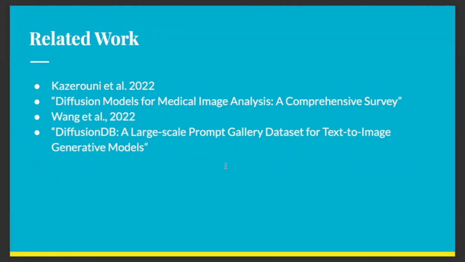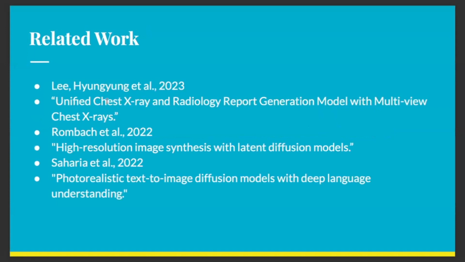And then there's some related work to this paper, like in 2022, diffusion models for medical image analysis, a comprehensive survey, and also Diffusion DB, a large-scale prompt gallery data set for text-to-image generative models. Also, in the medical domain, unified chest X-ray and radiology report generation model with multi-view chest X-rays.